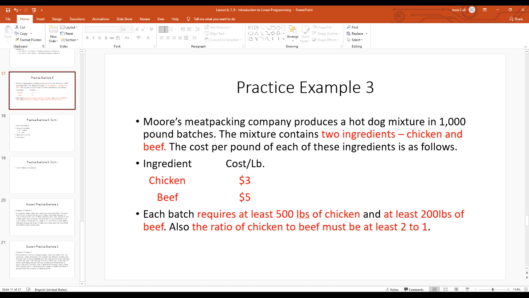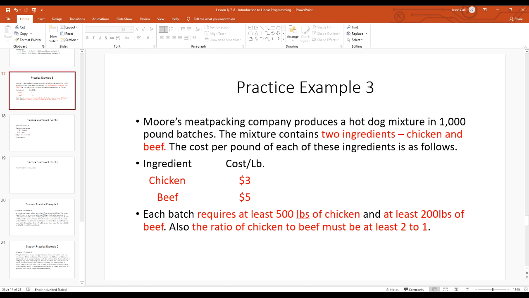Now in this question, it doesn't really tell us yet if we're minimizing or maximizing, what our goal is. So in this situation, we have to use a little common sense. If we're manufacturing, if we're making something, in this situation, we're producing a hot dog mixture, so we are manufacturing. Because we are manufacturing, we know that it is a minimization.